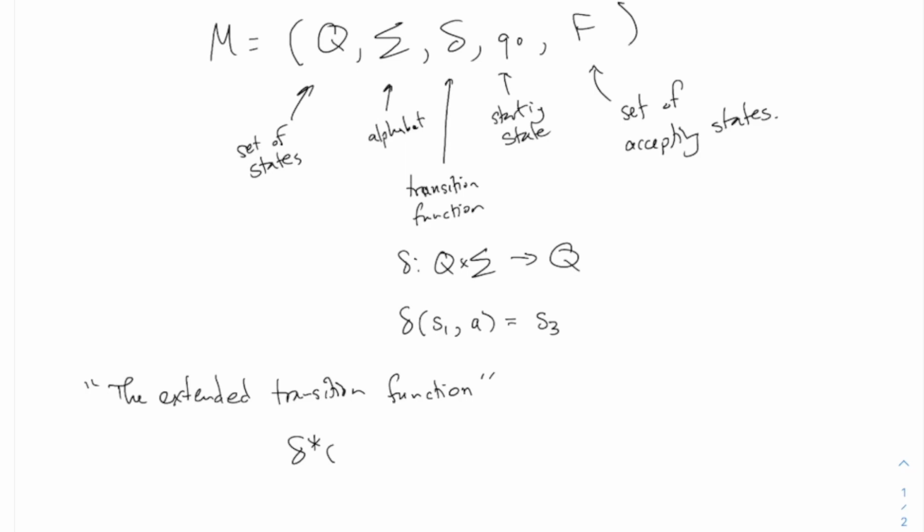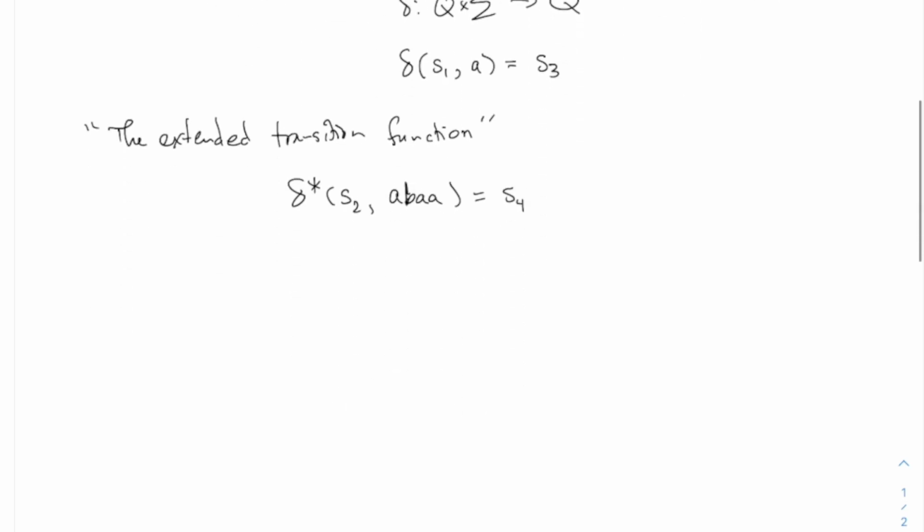So it would look something like delta star of S2, ABAA equals S4. What that means is if you start in state S2 and you read that whole string from there, ABAA, then it ends up in state S4. The only difference is what you plug into it here is a string rather than a single letter in the case of the ordinary delta. All right, that's the extended transition function.